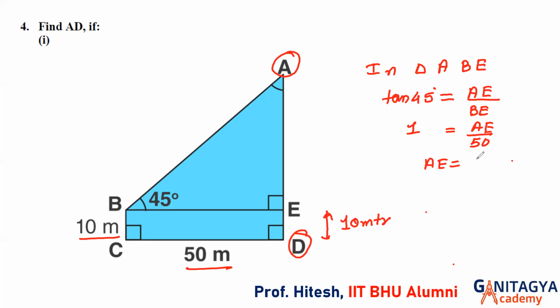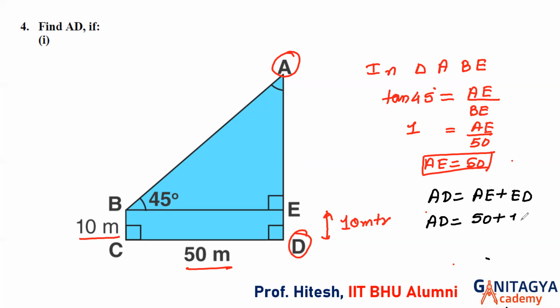So AE is equal to 50. Now AD is equal to AE plus ED. So AD equals AE, which is 50, plus ED, which is 10. So it will be 60 meter. That is AD. Okay, let's go ahead.